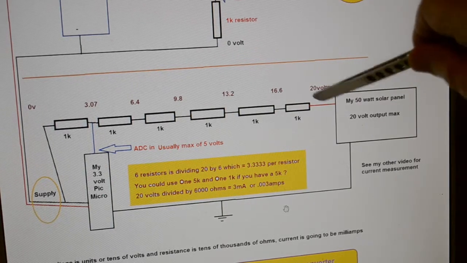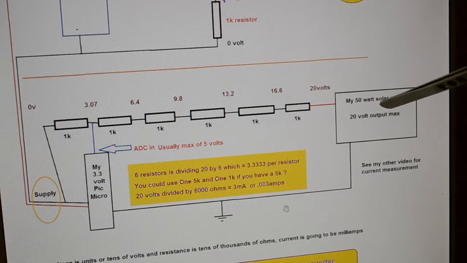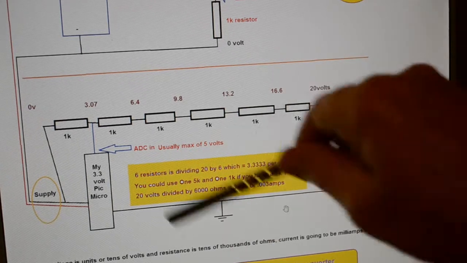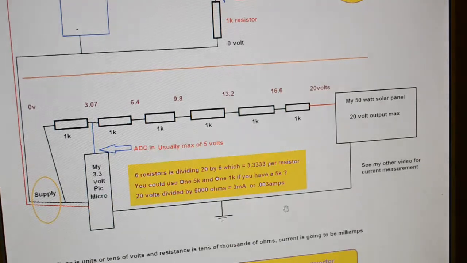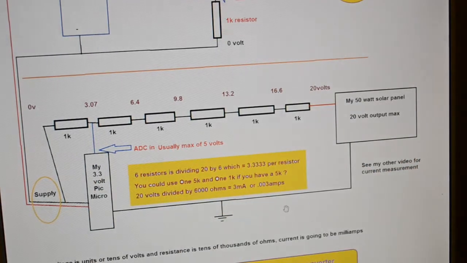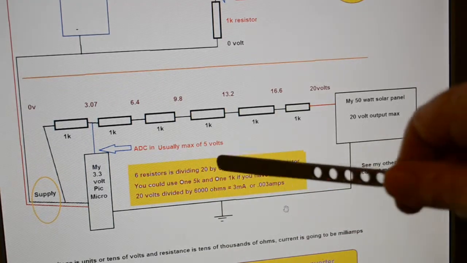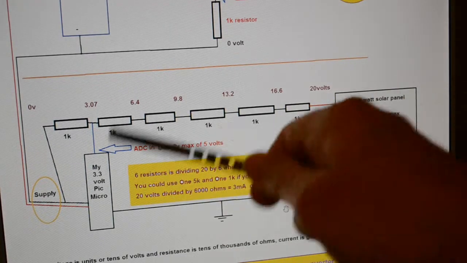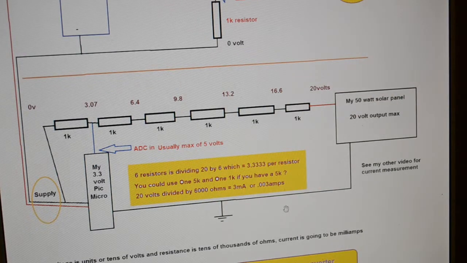It's got an output of roughly 20 volts peak, so I can't put 20 volts on a 3.3 volt microcontroller because it will blow it up. Some pins are 5 volt tolerant, but anyway, I can't stick 20 volts into it, so I need a potential divider.